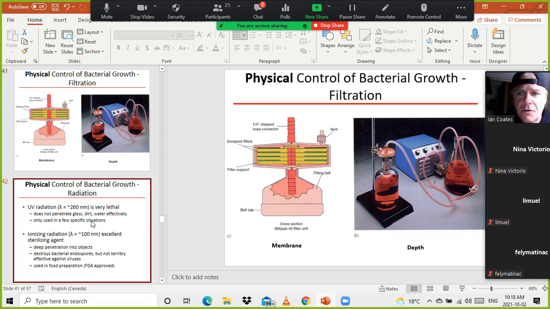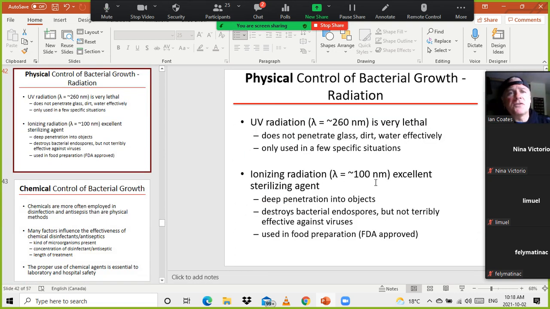Okay, they're okay. Physical control of bacteria by radiation, UV radiation. The electromagnetic spectrum includes ultraviolet light, X-rays, gamma rays, visible light that we see, infrared, and radio waves. All these are waves of energy.